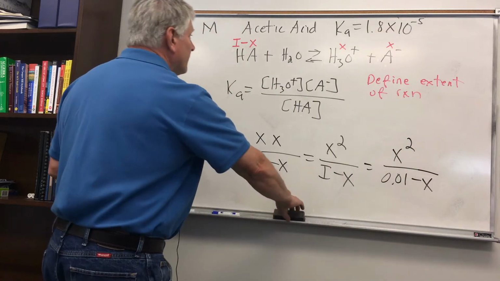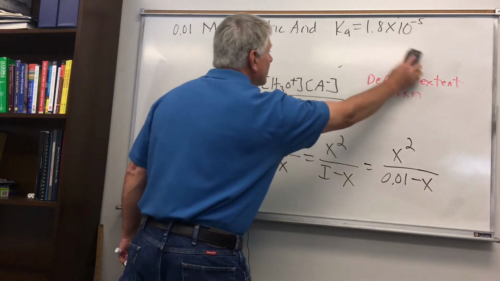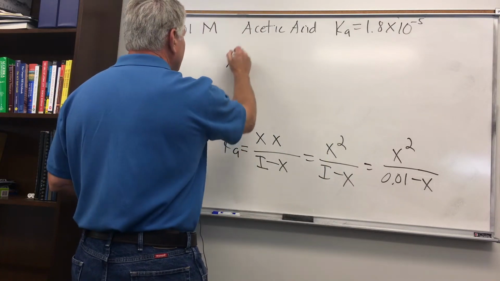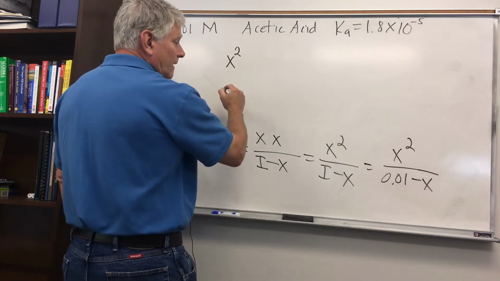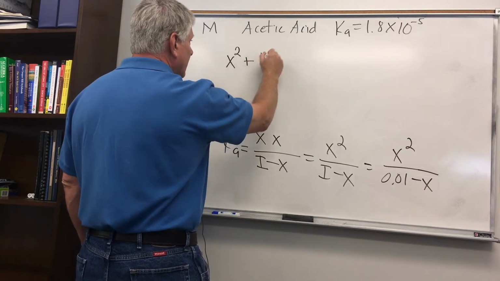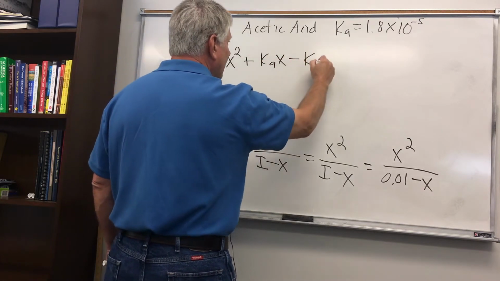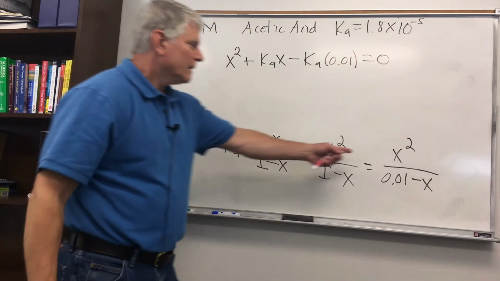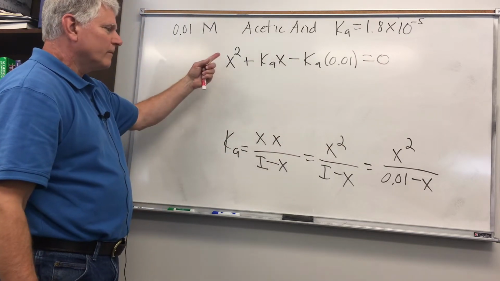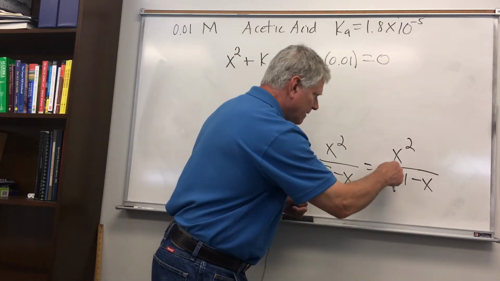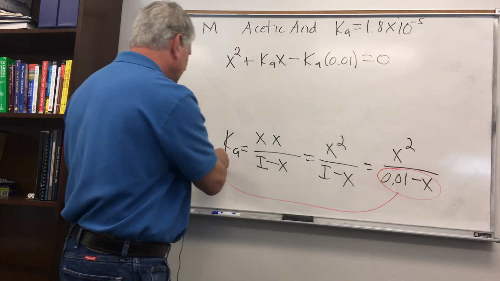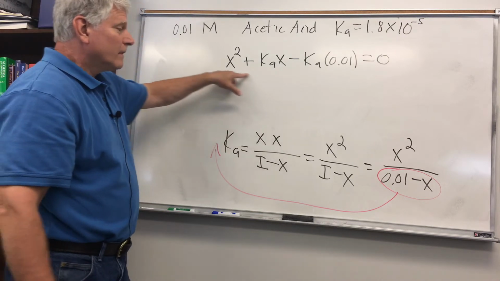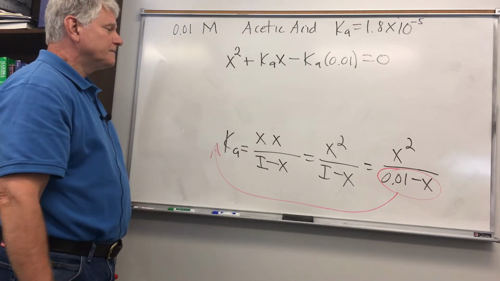Okay, so now we'll just solve this for X. So we'll have X squared plus KAX minus KA times 0.01 is equal to 0, when we write the equation in this form. So I'm just taking this denominator over to the left-hand side, multiplying it by KA, and then collecting powers of x.